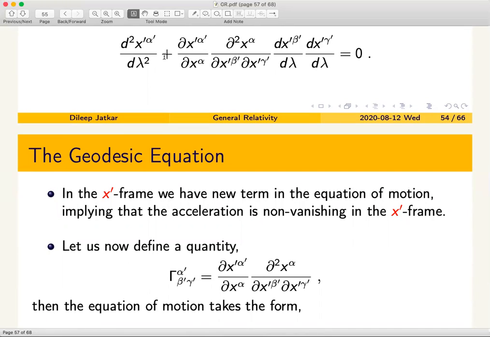Now that we have found it is not of that form, we try to understand what is happening to the entire equation. So we will try to interpret this piece, and we call this expression gamma alpha prime beta prime gamma prime.